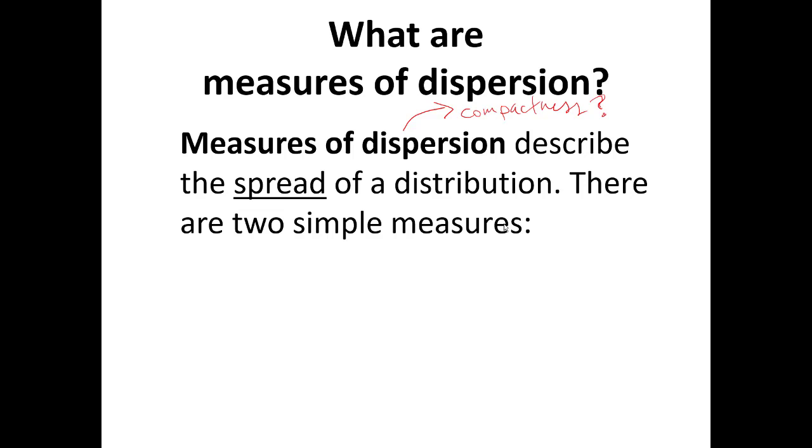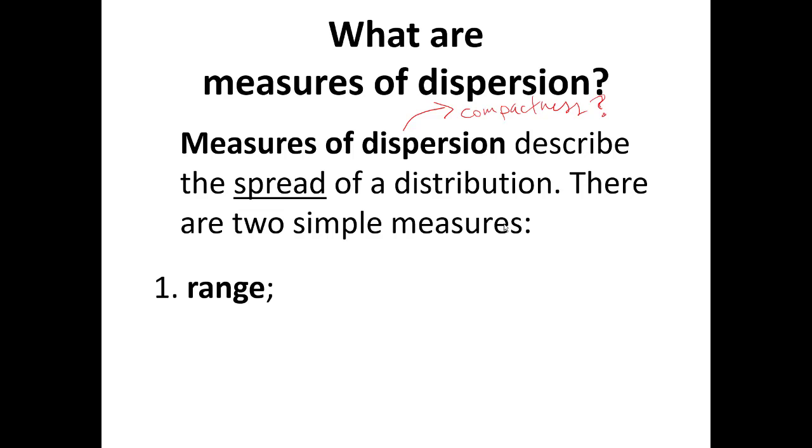While there are many different measures of dispersion, the two that you'll come across most of the time are something called range. Range is just the difference between the highest value and the lowest value.